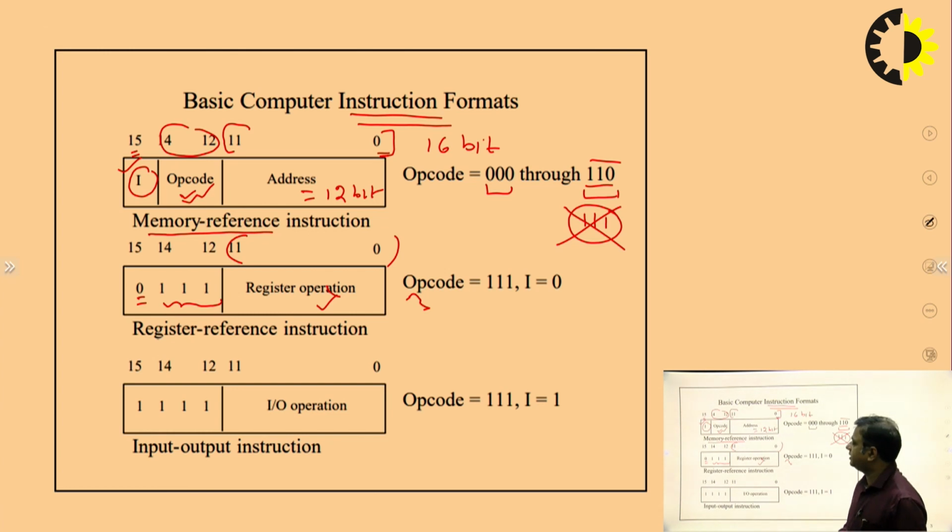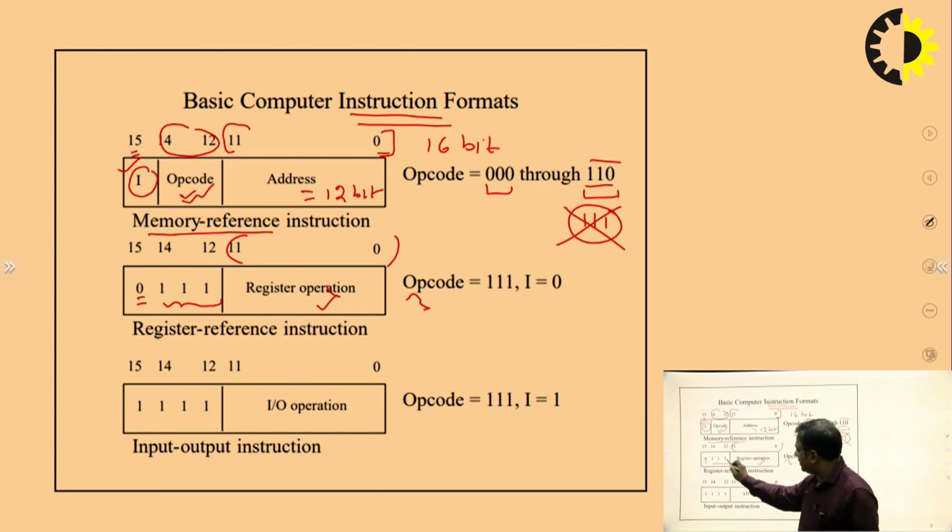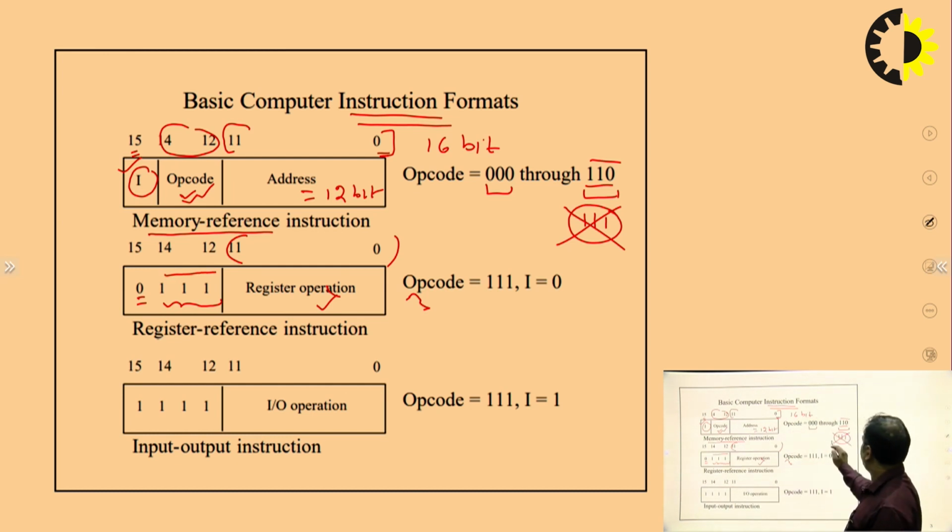The register reference instruction has the combination 111 in the opcode. That's why 111 is not allowed in memory reference, right? Because we have to distinguish these three types of instructions. So if 111 is here, then 111 is not allowed in the memory reference instruction, right?